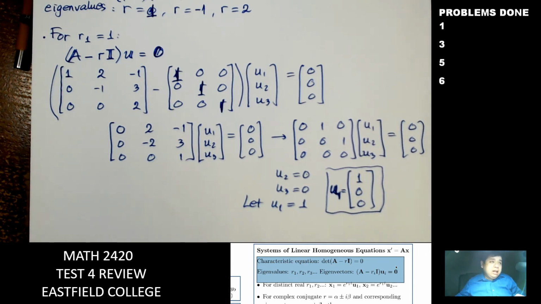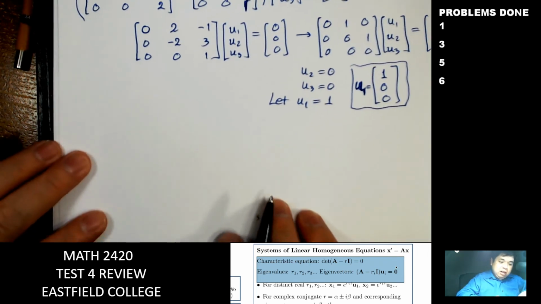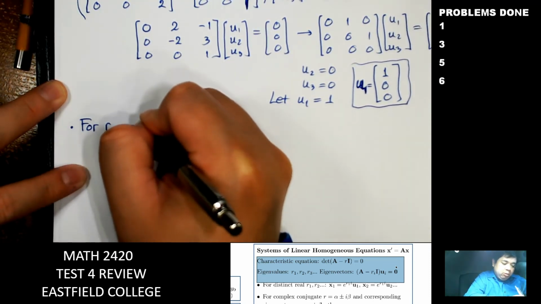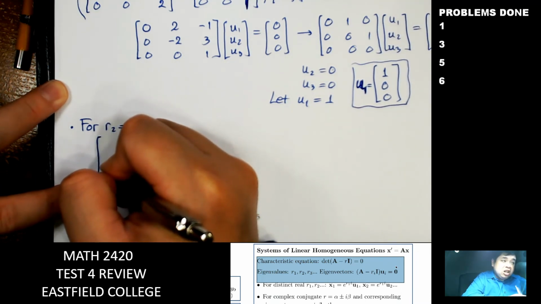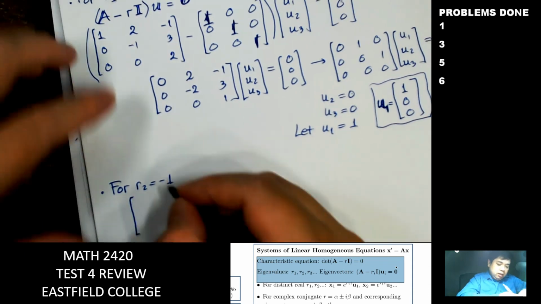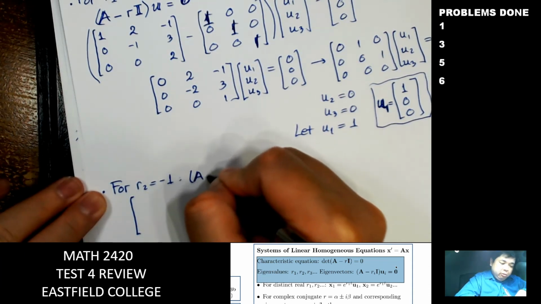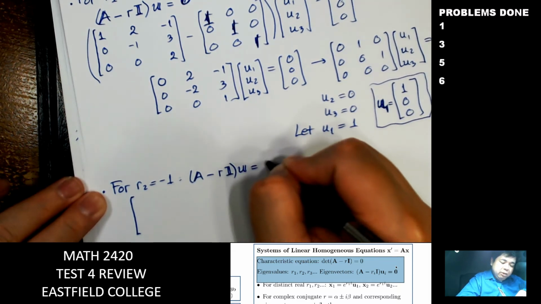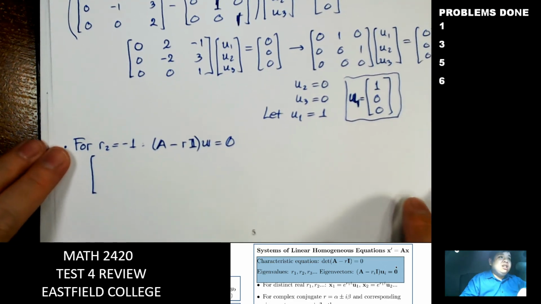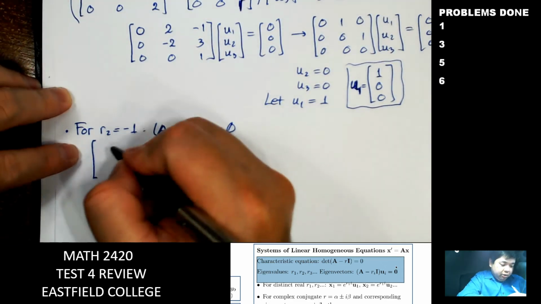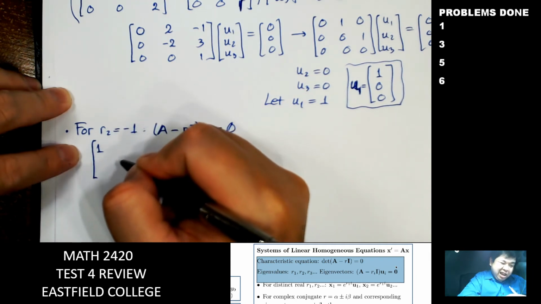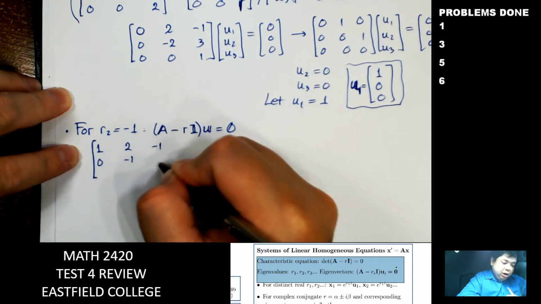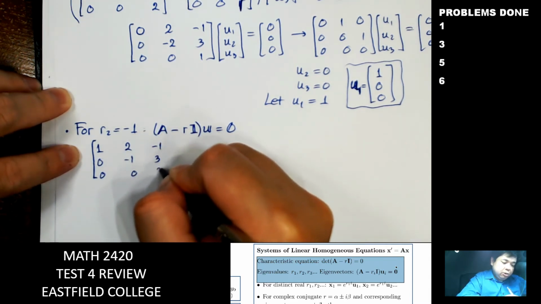Right. And once again, I'm running out of space. Let's try to squeeze here. For R2 equal to -1, this time I will go directly to the problem. So again, the equation: matrix A minus R times I, times the eigenvector, equal to the 0 vector. Now the matrix A is 1, 2, -1, 0, -1, 3, 0, 0, 2.